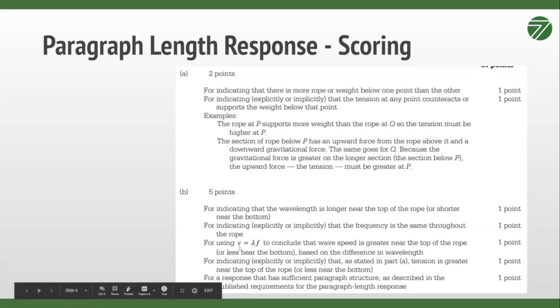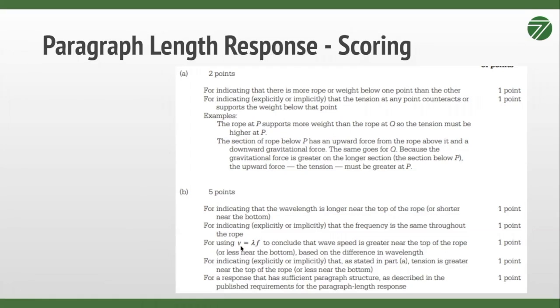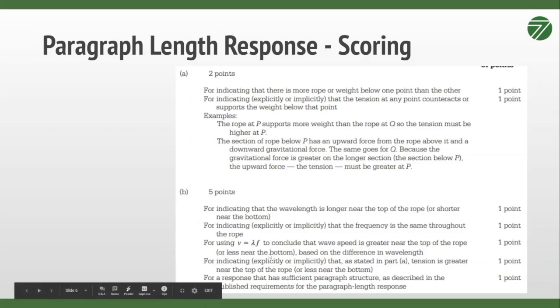1 point for using wave speed equals wavelength times frequency. So somehow applying that relationship to show, based on what you already know, the things I already mentioned, that okay, that relationship exists.